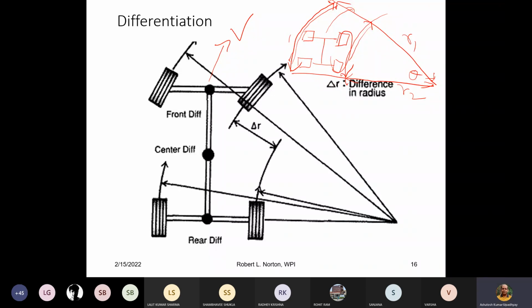Here it is shown 3 differential units. This is your rear wheel, this is your front wheel, and here you may have the gear system, your engine system somewhere over here. What is shown here is the all wheel drive actually.